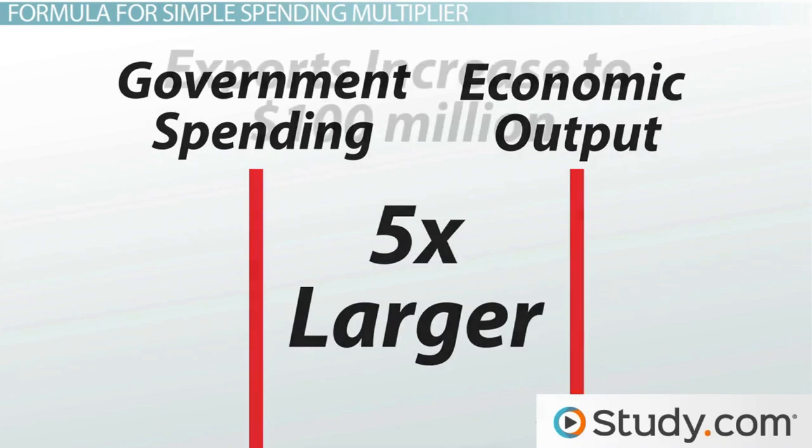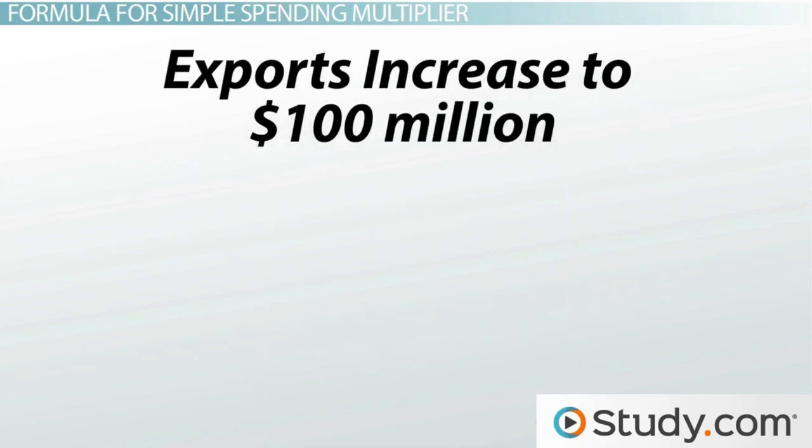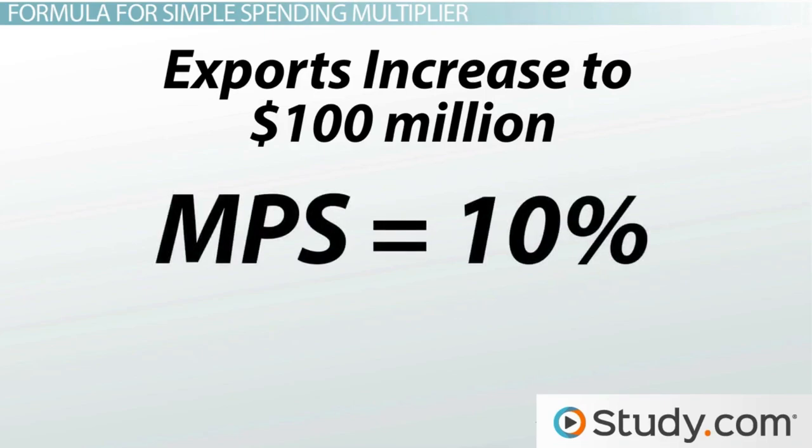Let's try another one. Let's say that net exports increase by $100 million, and the marginal propensity to save is 10%. Notice this time we know the MPS and didn't have to calculate it from the MPC.